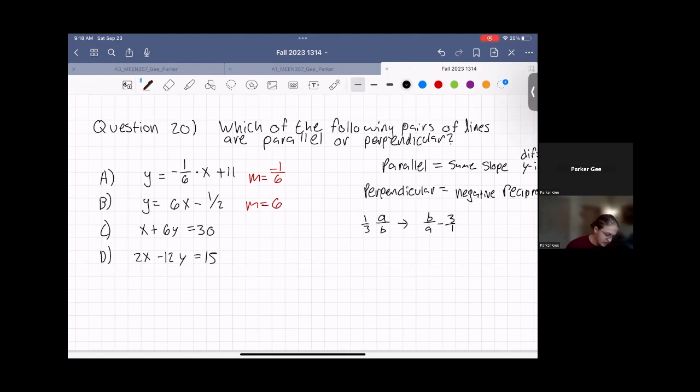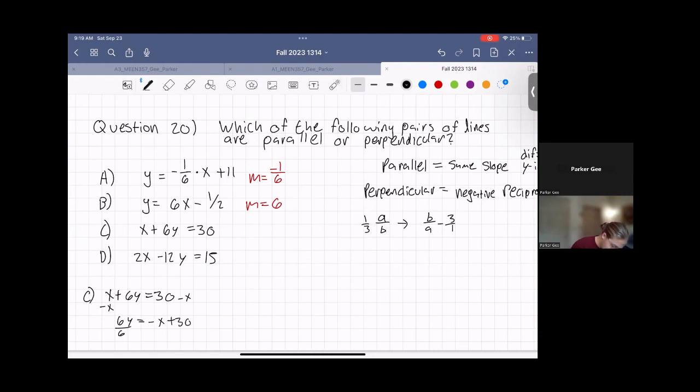So let's just go ahead and solve C and D for slope-intercept form. So if we do C down here, we have x plus 6y is equal to 30. We want to get y by itself. So we're going to subtract x. We're left with 6y is equal to, I like to keep my variable first, so I'm just going to keep negative x up front, plus 30.